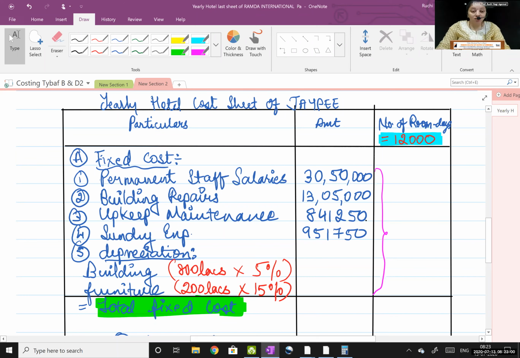Building repairs is 13 lakh 5,000. Maintenance is 8 lakh 41,250. And sundry expenses is 9 lakh 51,750.